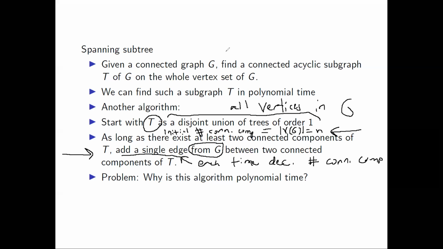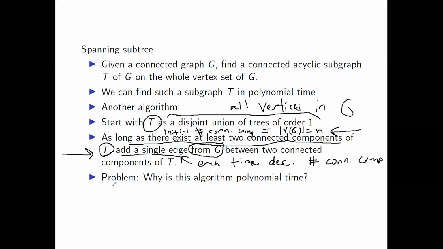It might be helpful to use the fact that you can detect whether a graph is connected in polynomial time. So as long as there exist at least 2 connected components of T, and I shouldn't call it the tree, I should call it T because it only becomes the tree at the end.